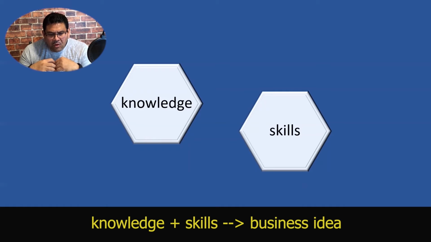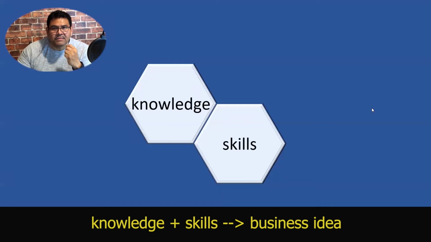So what is next? What is next is to put those things together, the knowledge and the skills, and then you're going to find that you can do something with that knowledge and with those skills. What can you do with those? How can you turn that into a business?